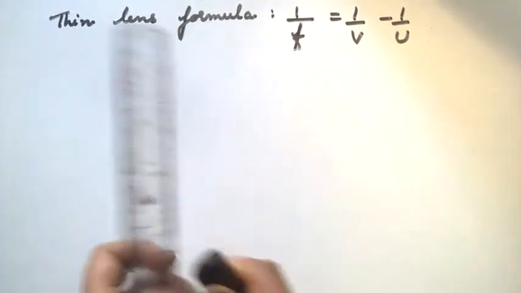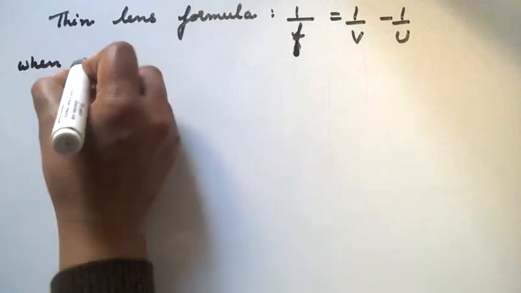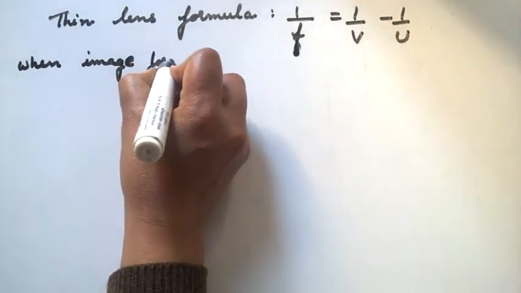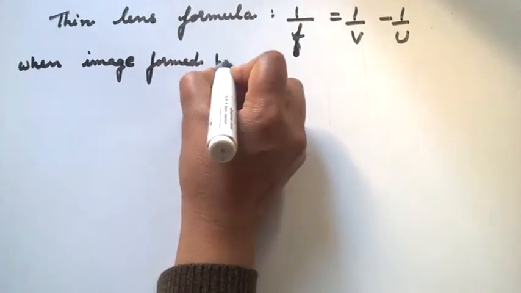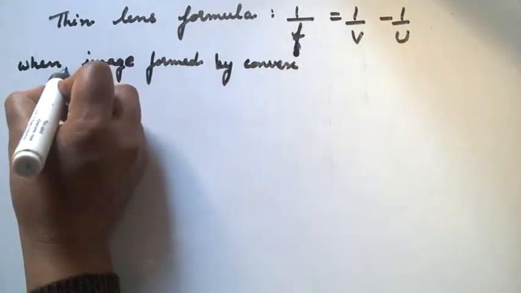So let's first draw the ray diagram when the image formed by a convex lens is virtual.